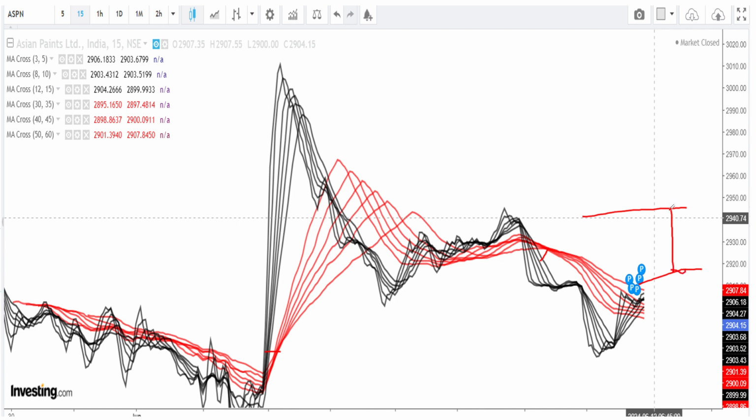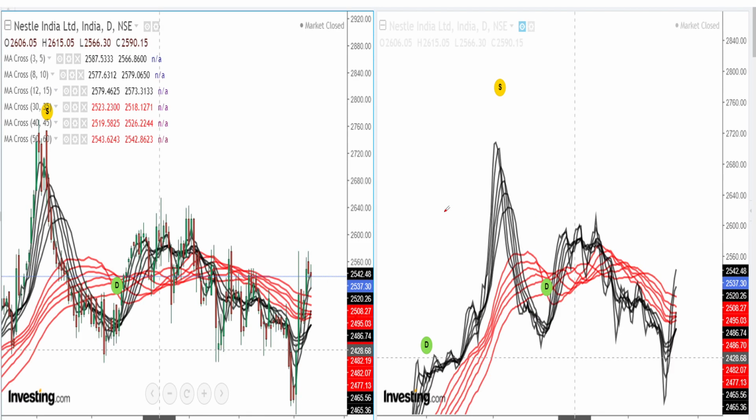It works in all time frames. I've shown intraday, I've shown daily, I've shown a choppy market. And to put this in another context, I plotted this indicator on Nestle, which again is range-bound. It breaks around 26800. So this is a lovely range. How to trade the range?